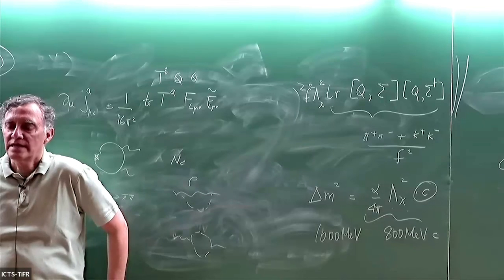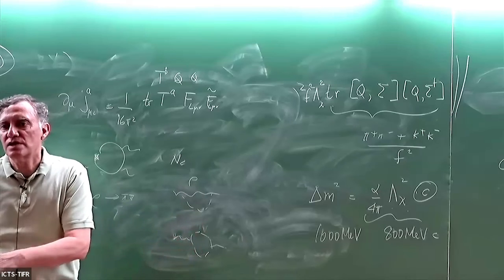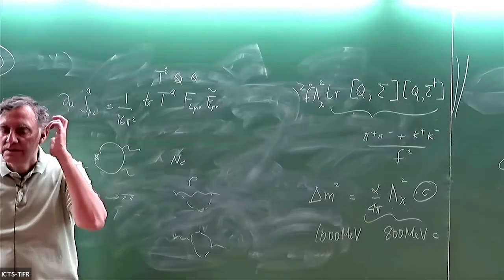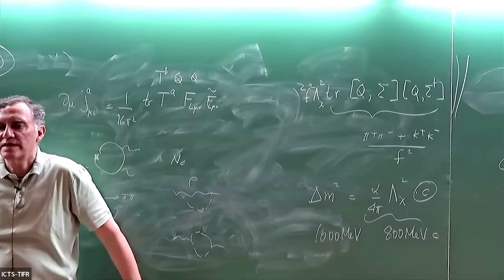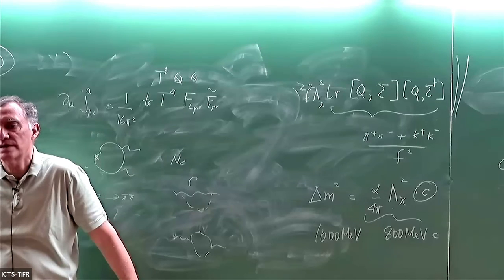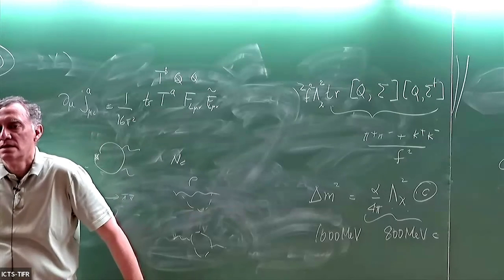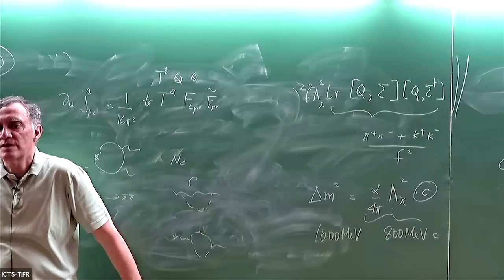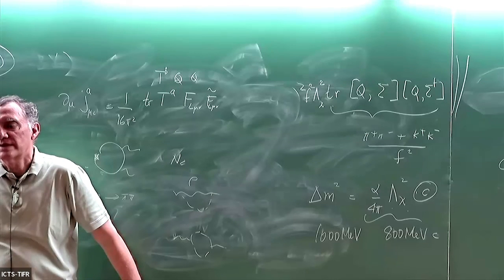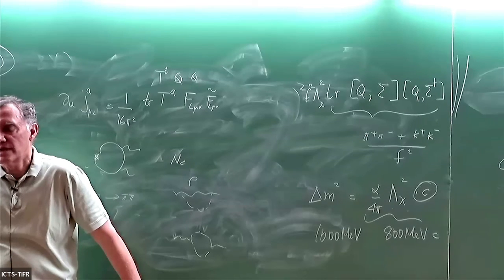In the large n limit, it would become a Goldstone boson, but then you have to decide whether the 1 over n expansion is under control when you're shifting it by so much. Weinberg's limit was less than square root of 3 m pi, which is whatever, 200 or 300 MeV.